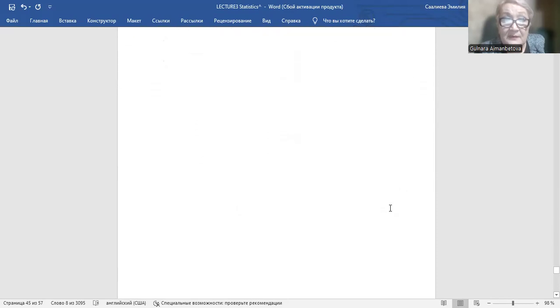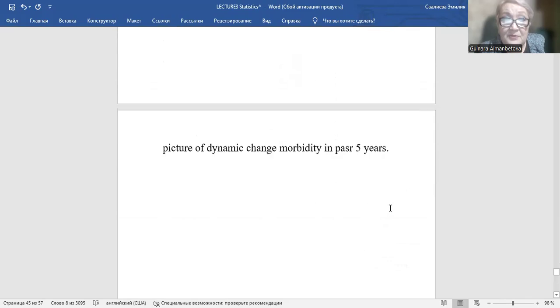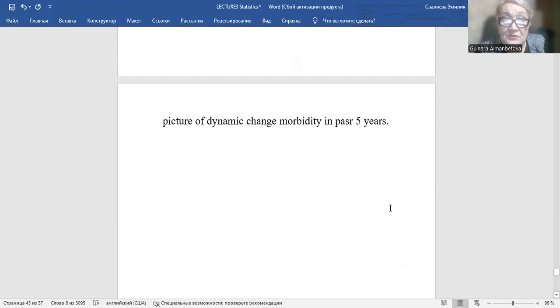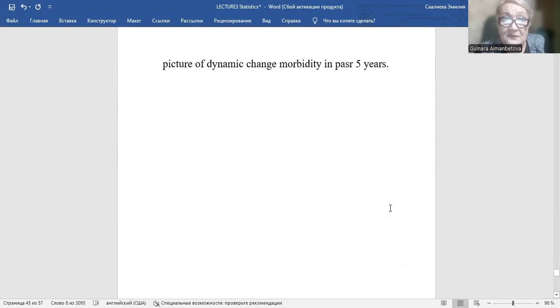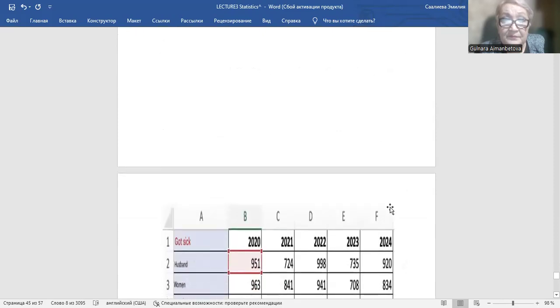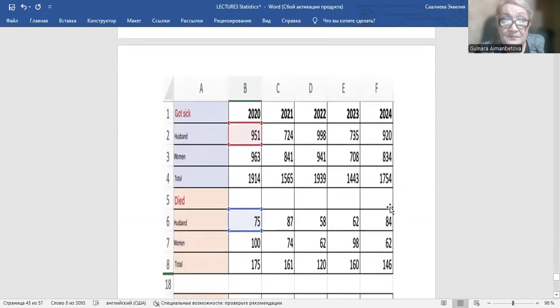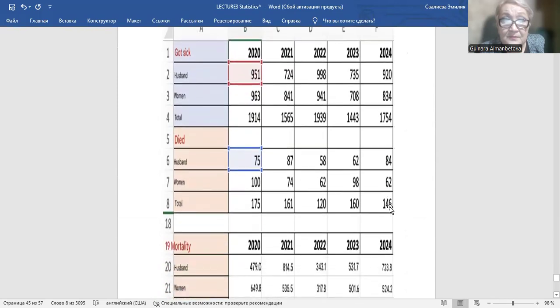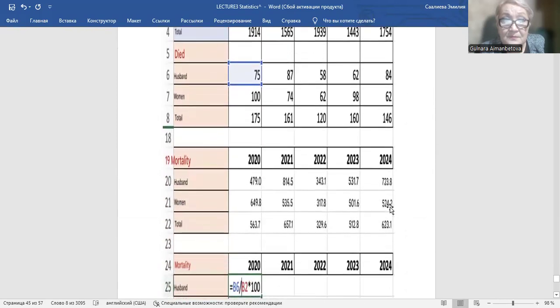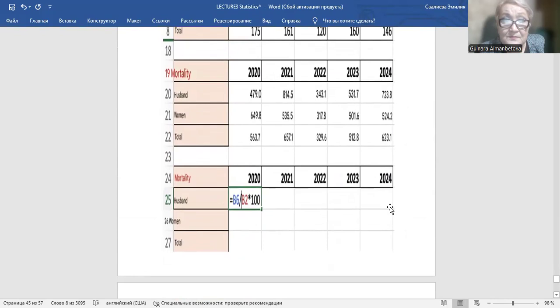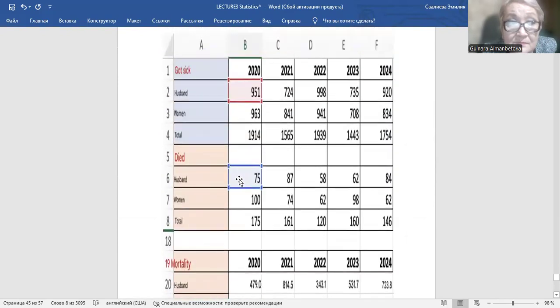We obtain a picture of the dynamic change of morbidity in the past 5 years. B6 and B2.